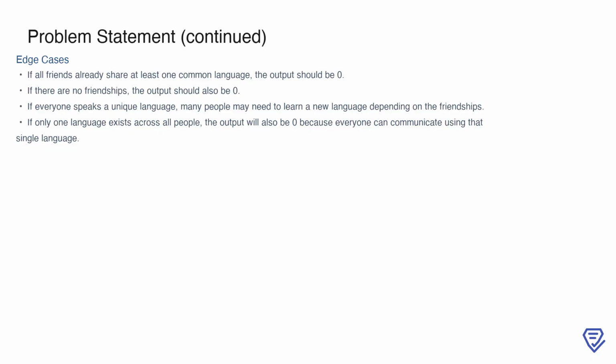On the other hand, if each person speaks a unique language and there are many friendships, a significant number of people may need to learn a new language for everyone to communicate. Lastly, if there is only one language spoken across all individuals in the network, the output will always be 0, as everyone can already communicate using that single language. These edge cases help clarify how the problem behaves in various scenarios.